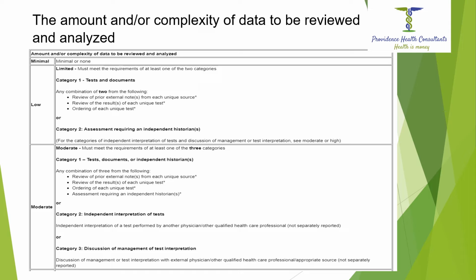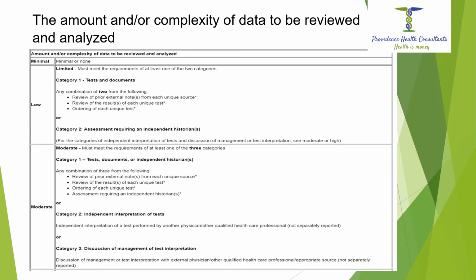that is categorized by a combination of three from the following: prior external source review, review of results of each unique test, ordering of each unique test, assessment requiring an independent historian. If any three of these have been documented, it can be considered as a moderate complexity.